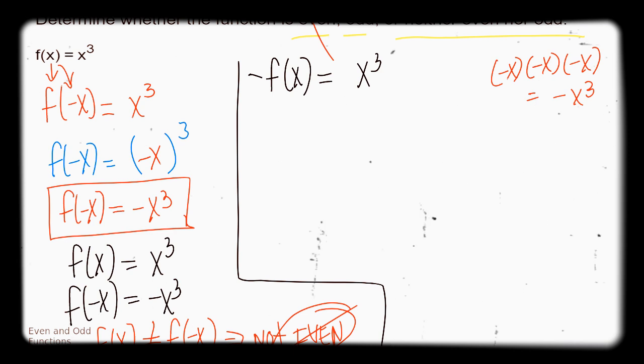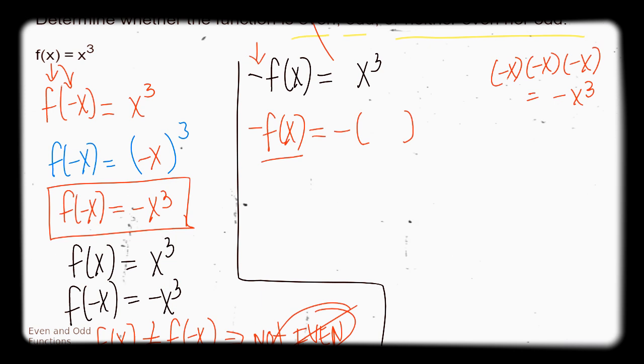The y part actually is multiplied, so the function is going to be multiplied by negative. You want to write the negative and then put the function in parentheses. And now negative f of x is equal to negative x cubed.